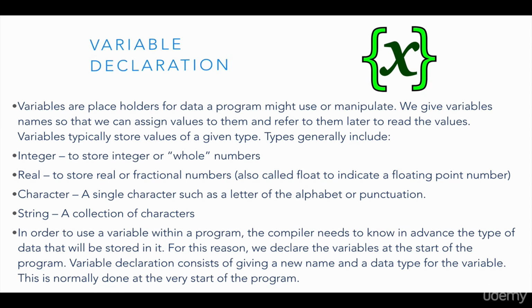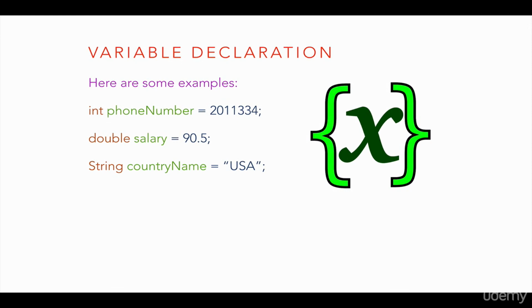Okay, so let's see some examples of actually declaring and assigning values to these variables. For example, imagine that I want to create a variable, an integer, okay? The data type is integer, and the name of my variable is phoneNumber. As you can see, the style of writing my variable name is called camel case style.